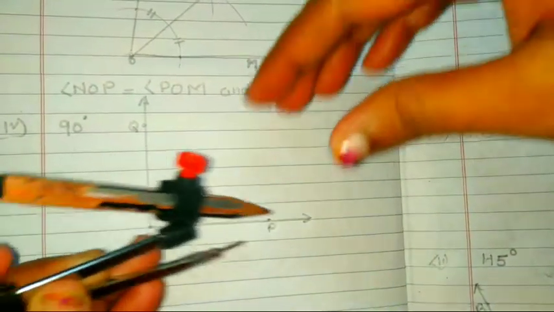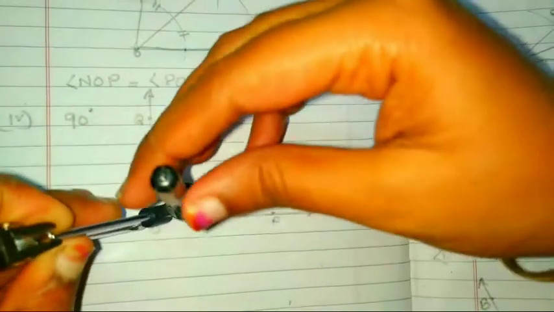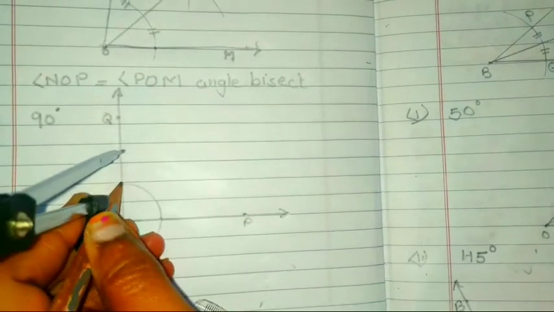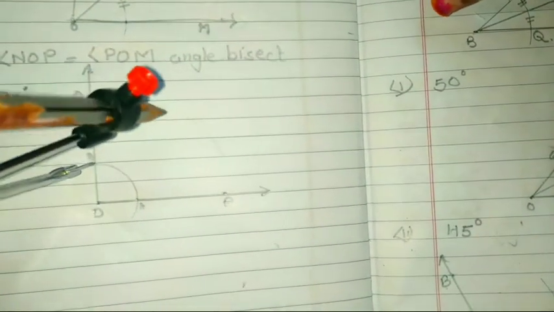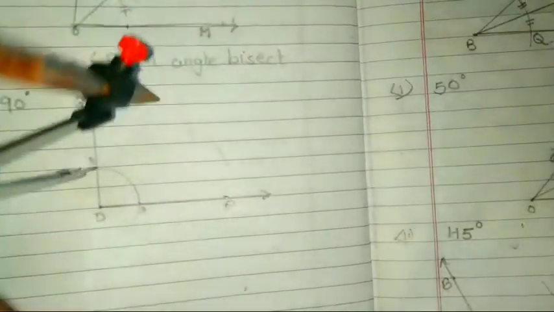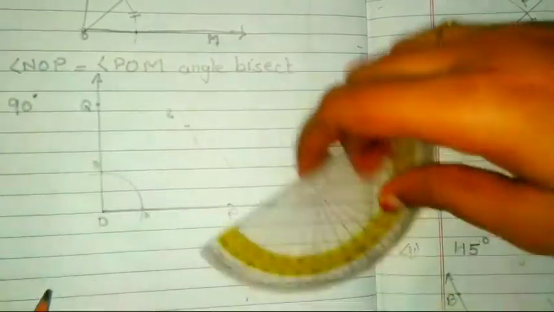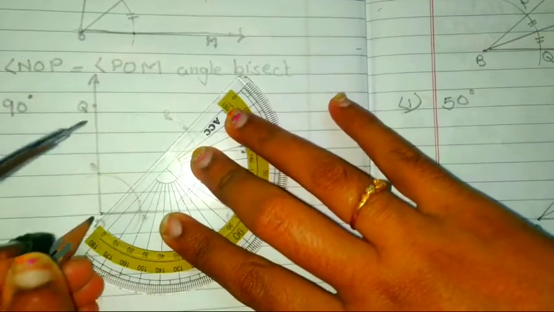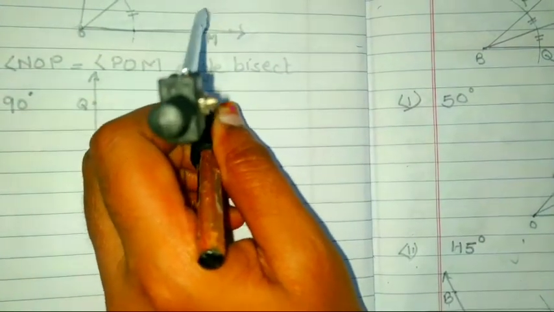Now draw an arc from the point O and give any names A and B. Now keep the compass on point A and again on point B and intersect each other at point R, and draw another ray OR.